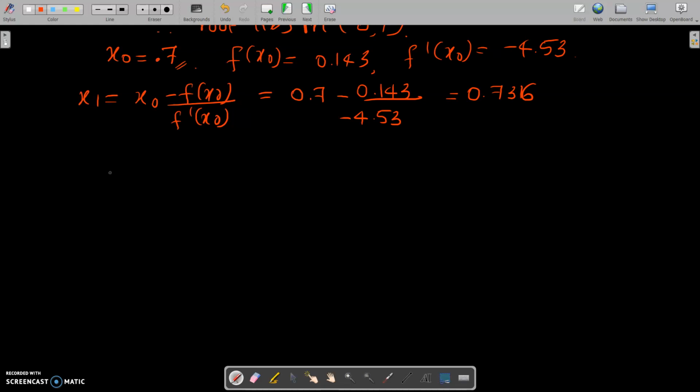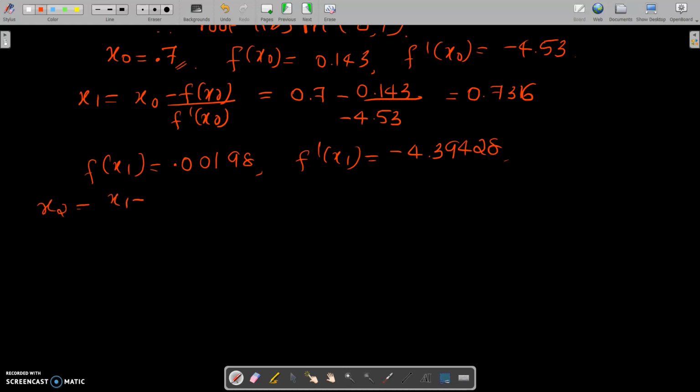Next, evaluate f(x1), which comes to 0.00198. f'(x1) comes to minus 4.39428. Now we can evaluate x2 = x1 - f(x1) / f'(x1), which is approximately 0.7321. This is the answer approximately.